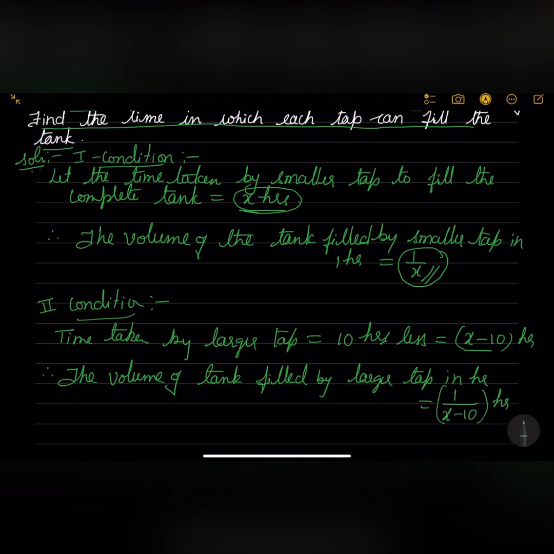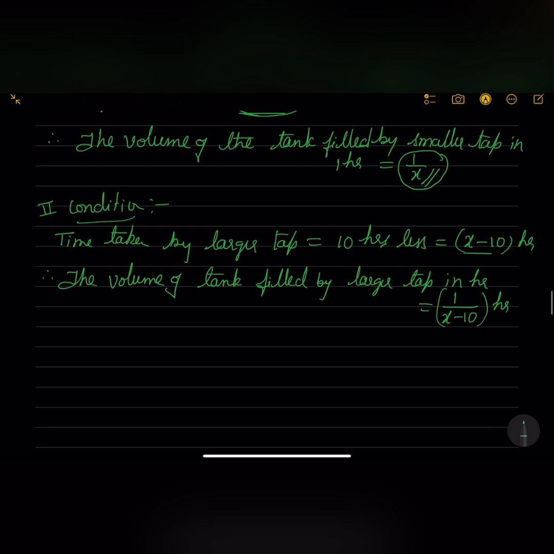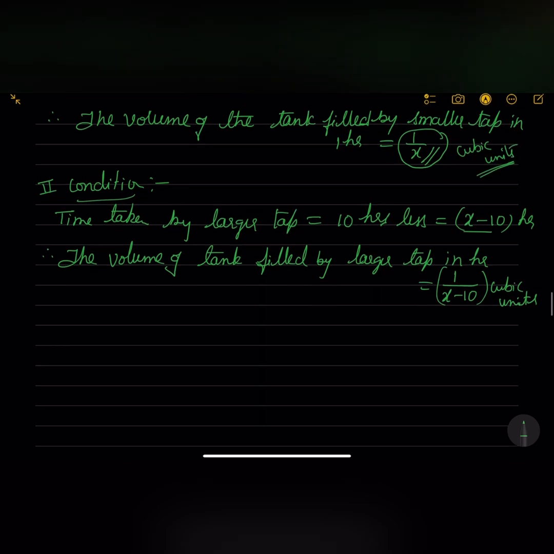For 1 hour, it can fill 1 by x minus 10, not hours. The volume will be in cubic units, so we can write it as cubic units.